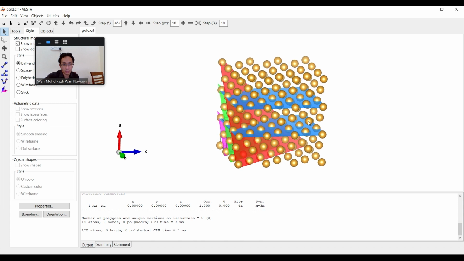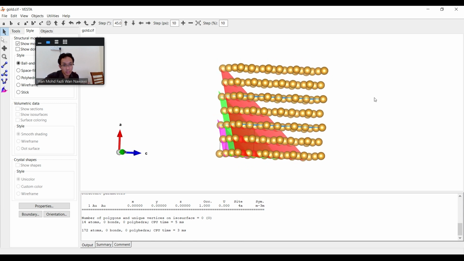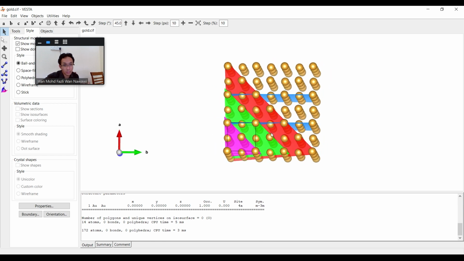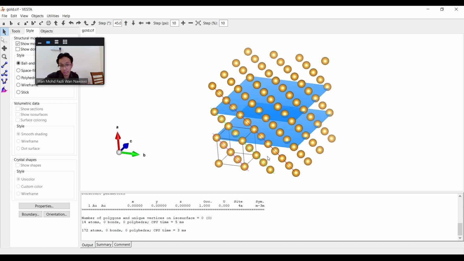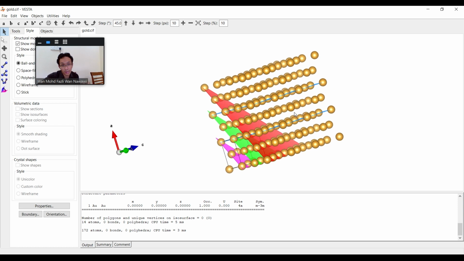You can see the distance between this blue and this blue is longer than the distance between this and this. This D is the distance between a plane 111 to another plane of 111. So you can see the distance is not too big. There are no middle atoms in the middle. But if you look at blue, there are atoms in the middle.